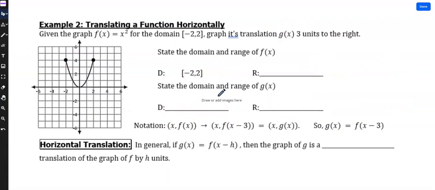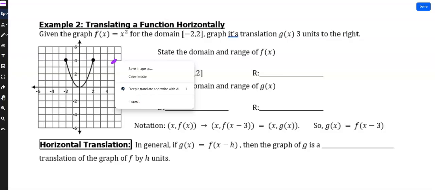All right, now, what happens if we want to shift this 3 units to the right? Okay, so now take all these dots, move that one over 3, move that one over 3, move that one over 3, so we get this shape. The domain is now from 1 to 5.